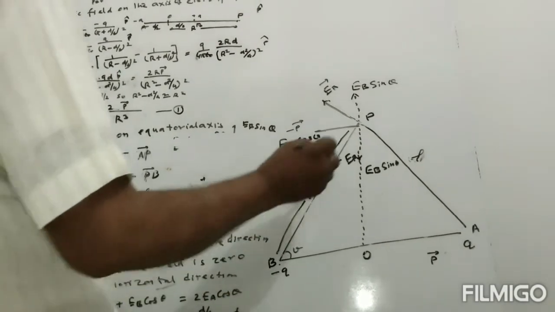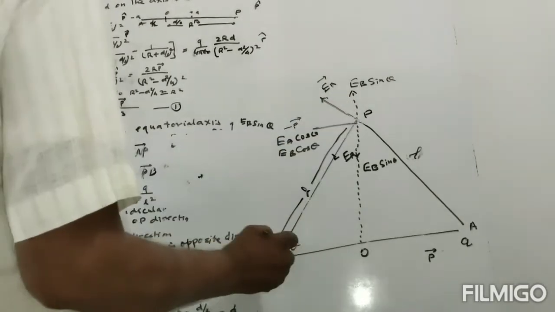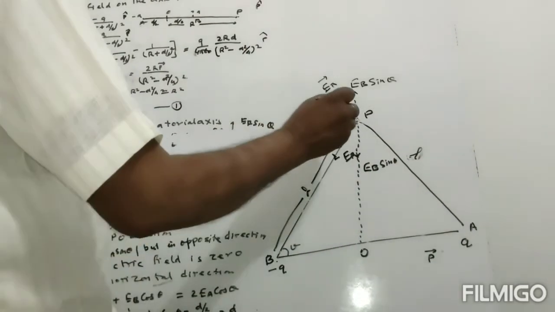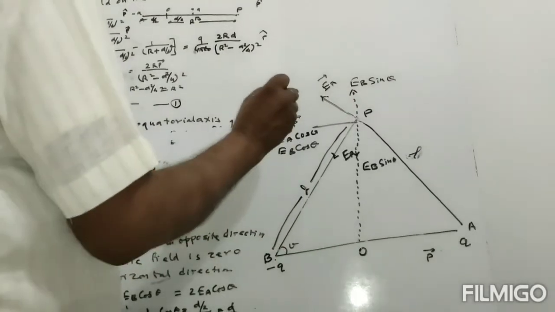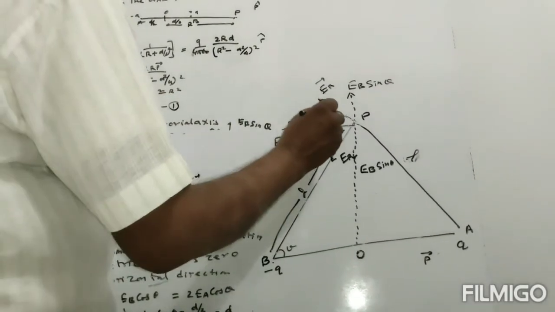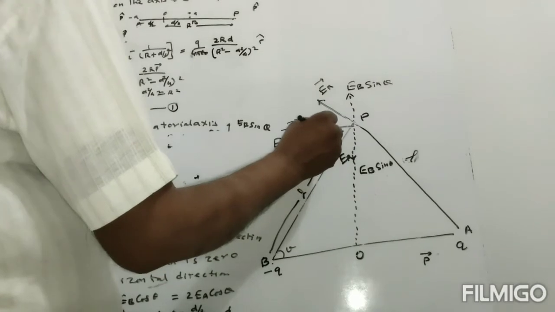If theta is the angle between PAB and PBA, so this angle will also be theta.